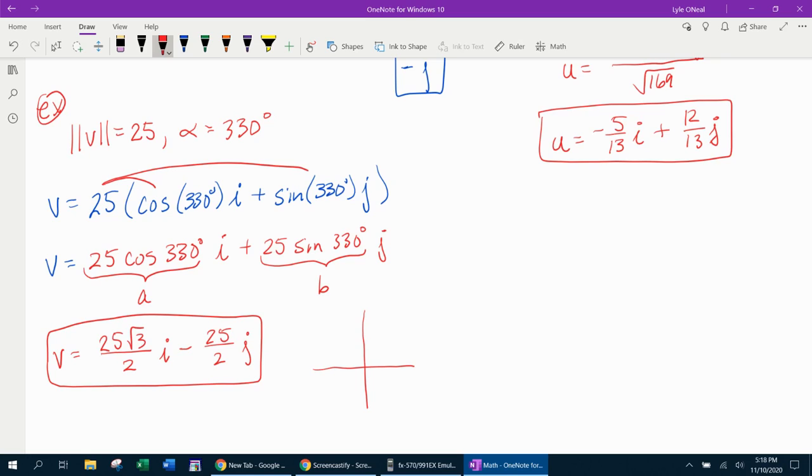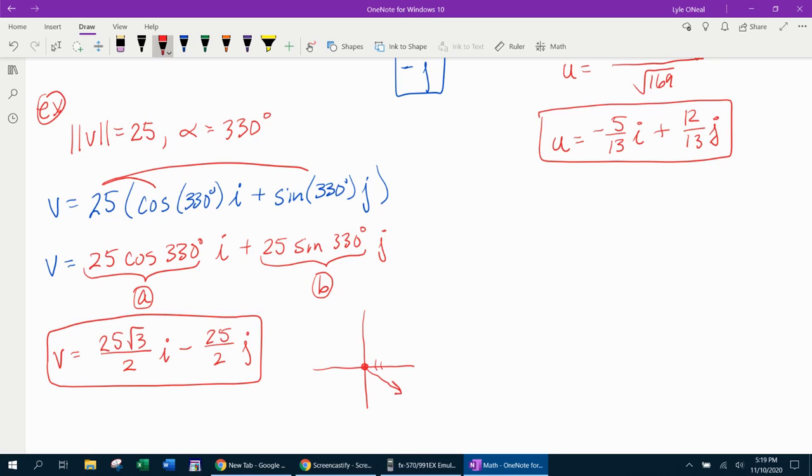So notice the direction angle, which is 330 degrees, is in quadrant 4. If I graph this vector using the origin as the starting point, notice that my A value is positive and my B value is negative.